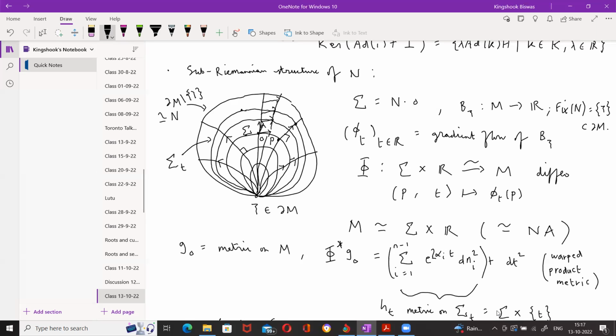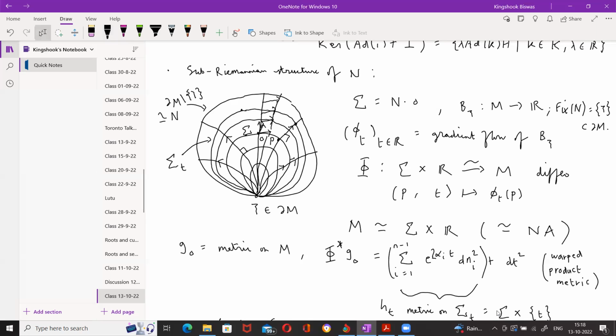The same thing you should be able to do for any NA group. You look at the same picture, with the horospheres inside the NA group, and you should get a sub-Riemannian structure on N from the growth rates of the horospheres inside NA. We can't speak of roots there, but the different growth rates, that's all we can say.